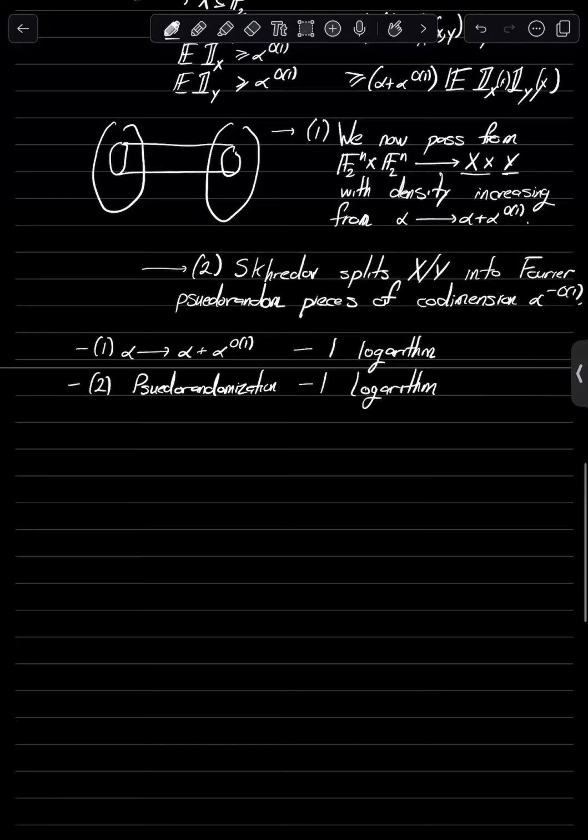Very roughly what we do: we do the obvious thing and get a multiplicative density increment for the first step.